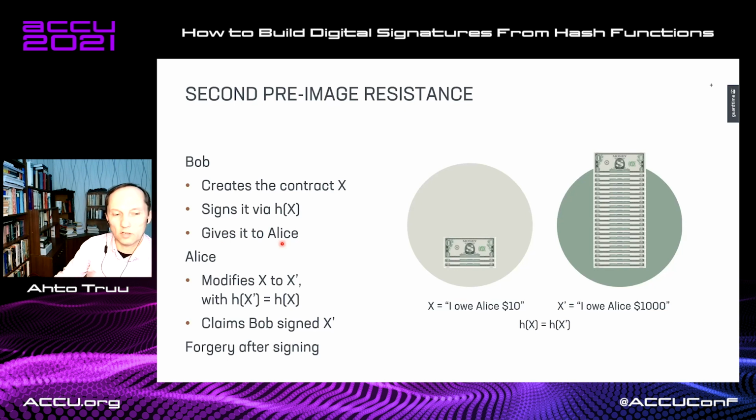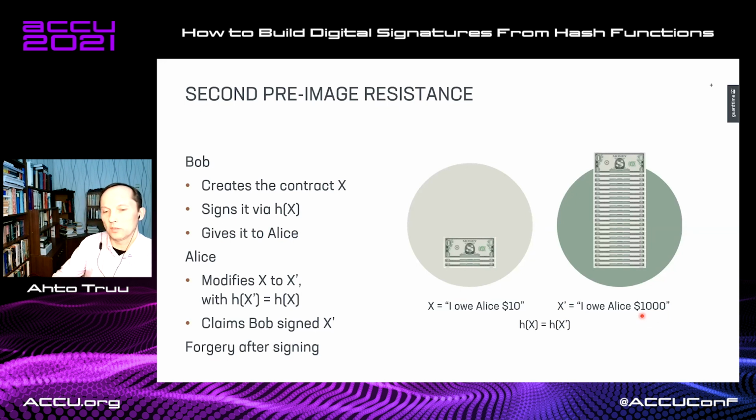And then when the loan comes to term and Bob has to pay it back, consider the second preimage attack. If the hash function used is vulnerable to second preimage attacks, then what Alice can do is take the IOU note that she got from Bob and modify it to say that Bob instead of $10 owes $1,000 to Alice, and present this modified document.